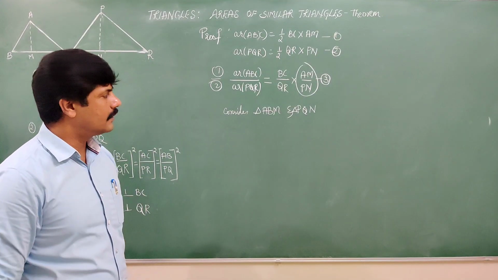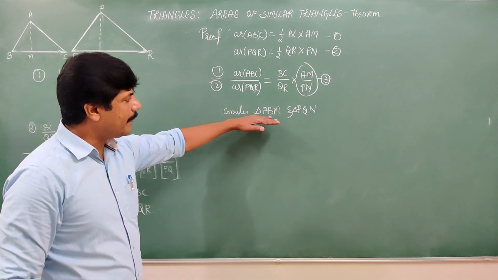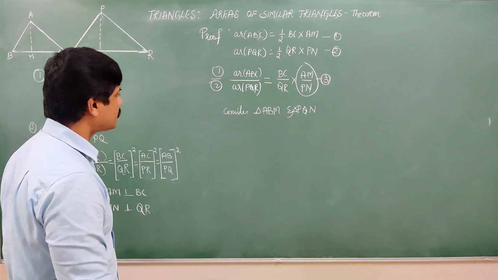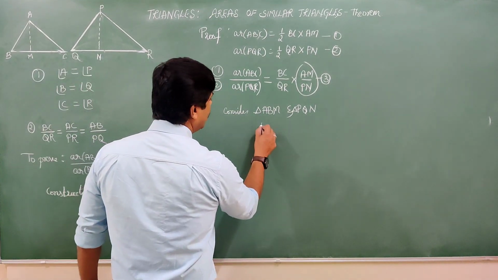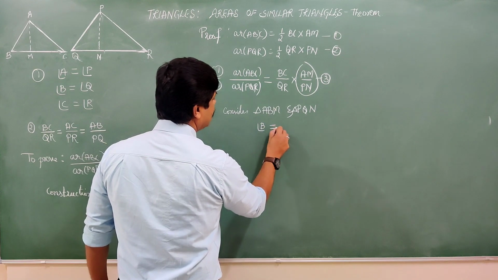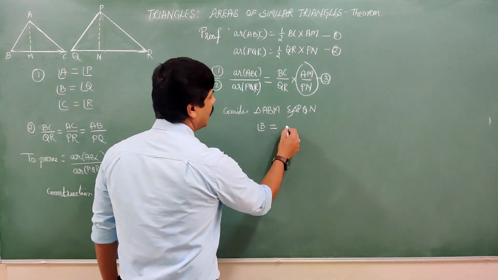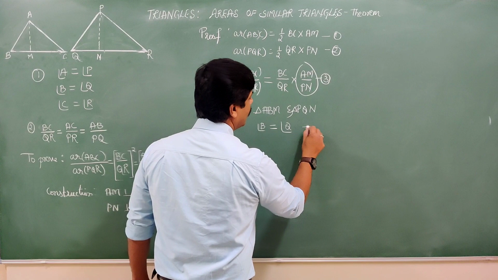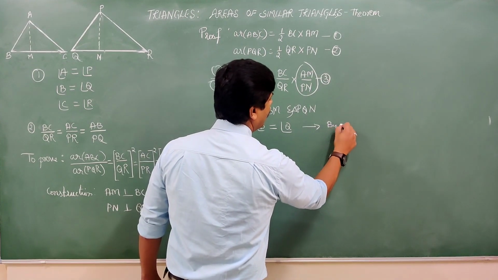In triangles ABM and PQN, angle B is equal to angle Q. How? By data.